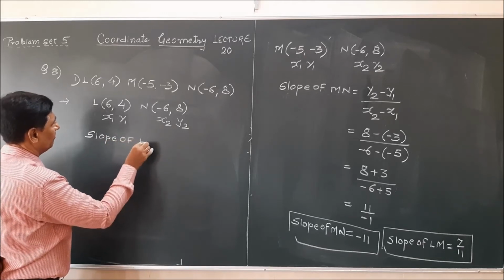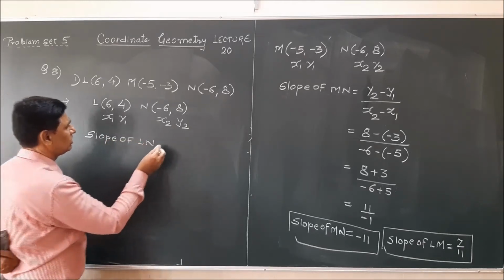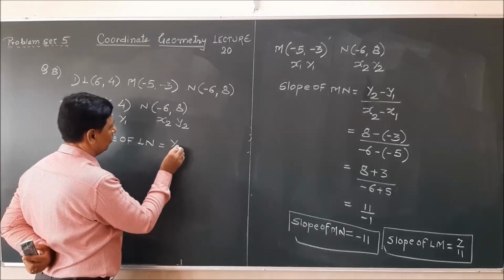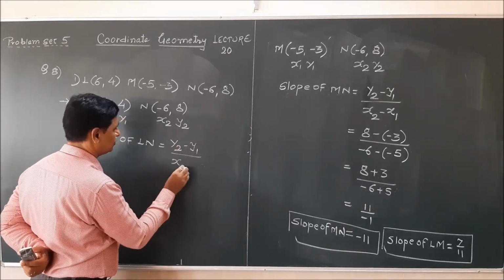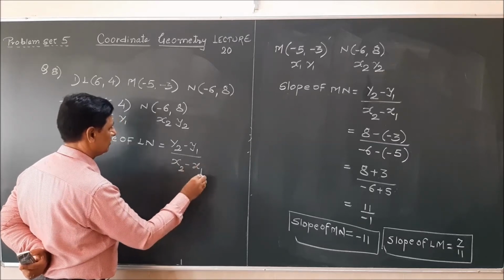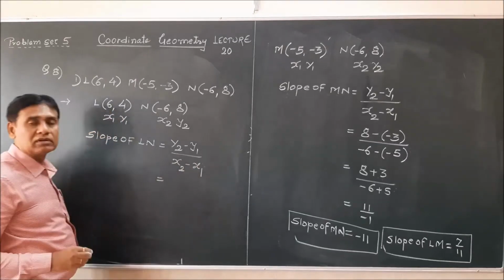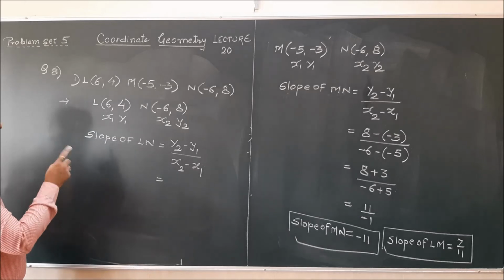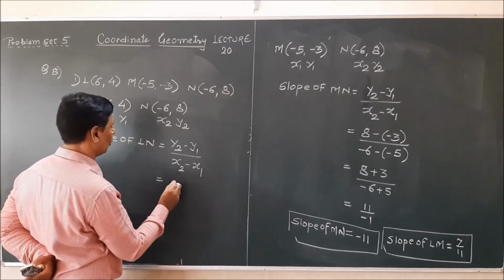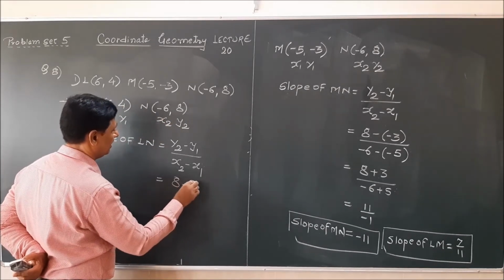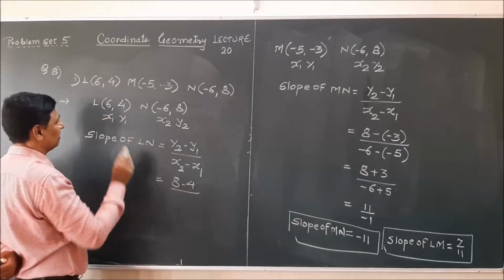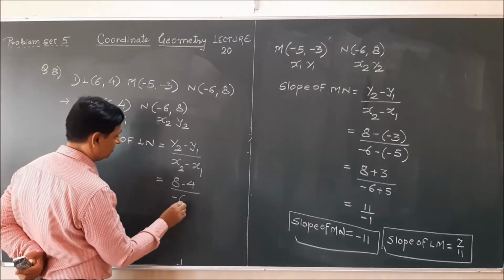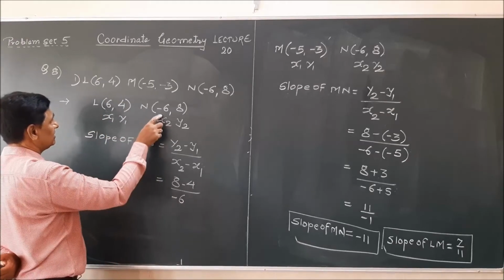Slope of LN is equal to y2 minus y1 upon x2 minus x1. That is equal to y2 minus y1, 8 minus 4, fine, 8 minus 4, upon x2 minus x1, minus 6 minus 6.